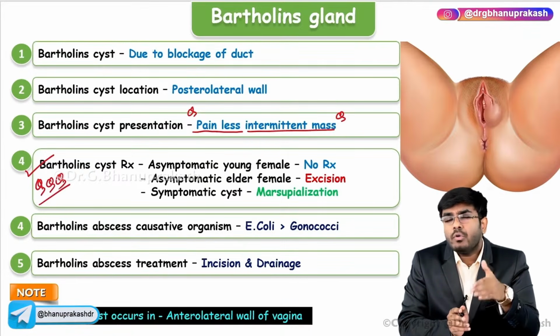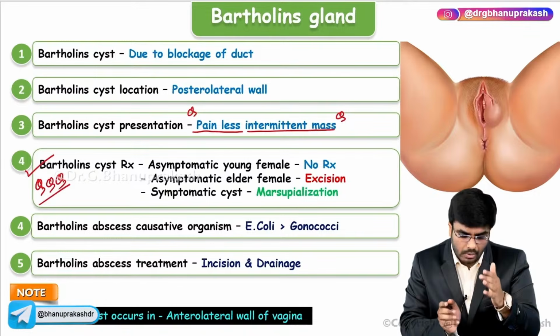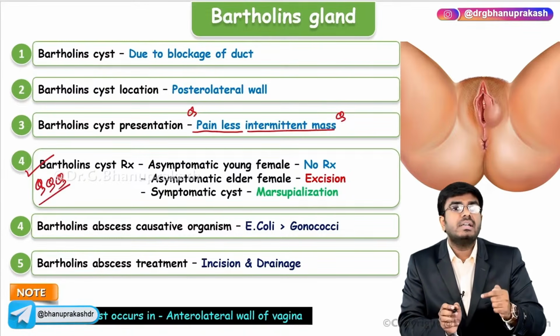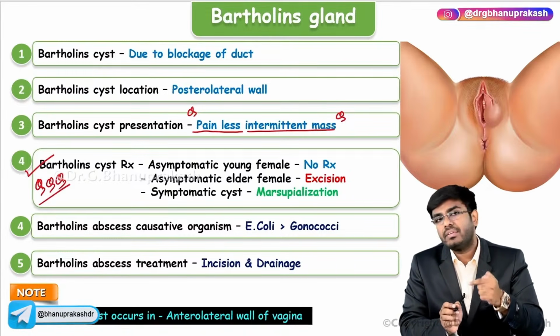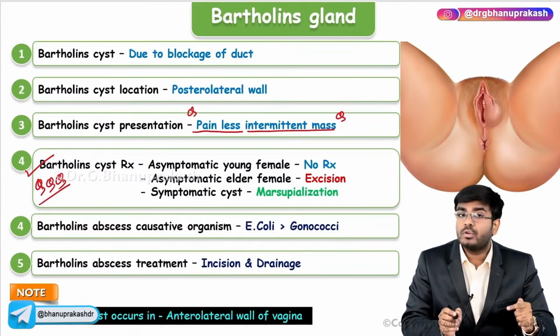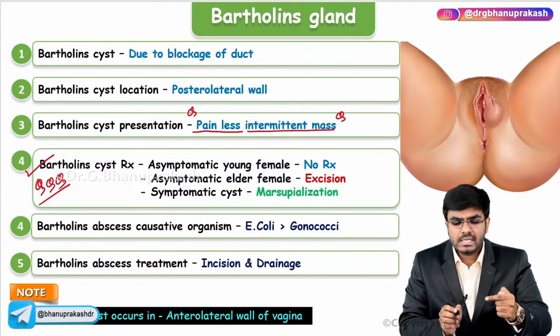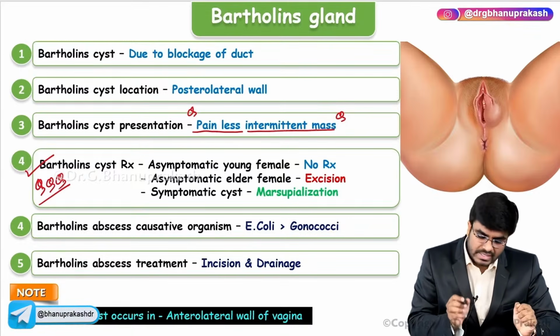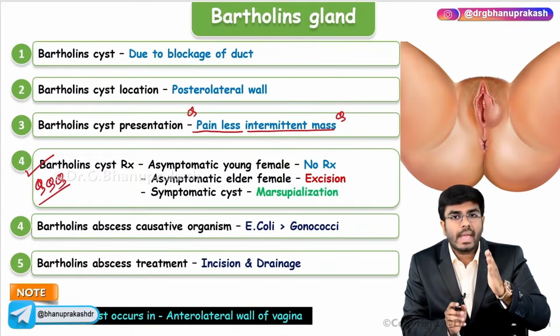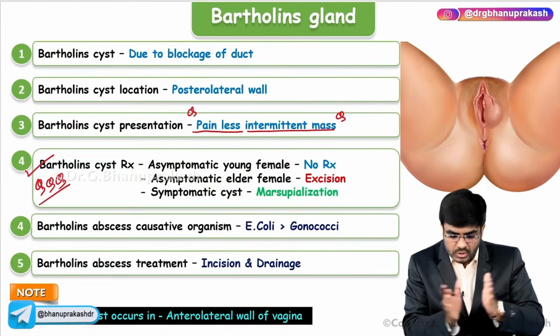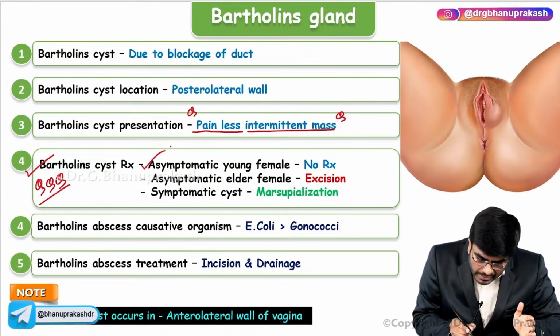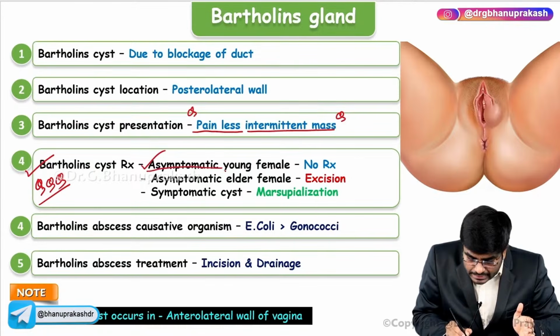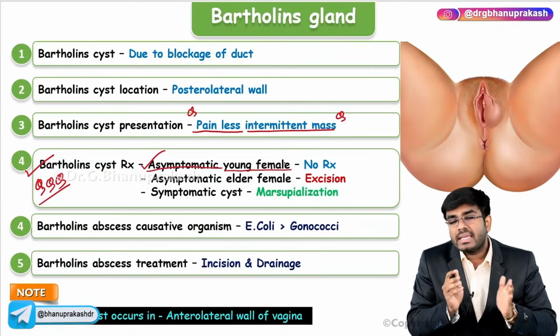Well and good. How do you have to treat this condition? Treatment depends on whether it's a young female or an elderly female, and whether it's a symptomatic or asymptomatic cyst. Let's go one by one. Let's imagine the cyst is asymptomatic, painless, no symptoms at all, occurring in a young female.